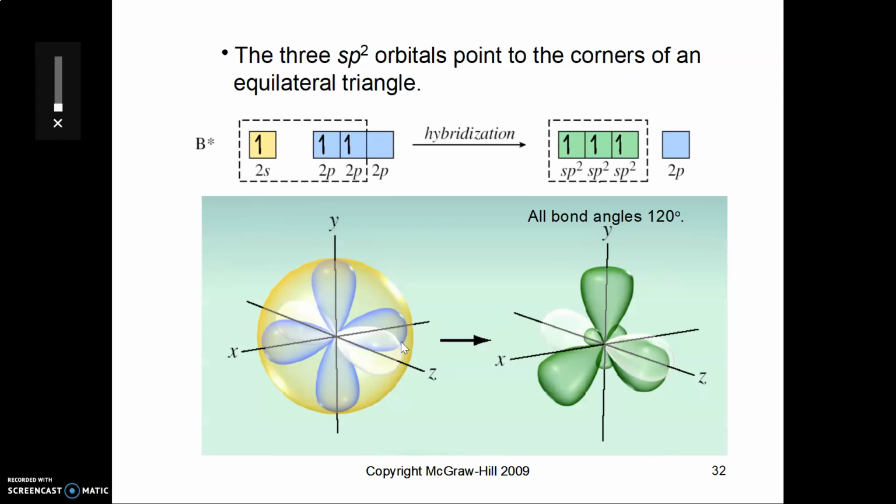So what we get is sp2 orbitals that overlap and form a triangle. So instead of just being linear, they are like this. They form this equilateral shape. These are sp2 hybridized, we would say.